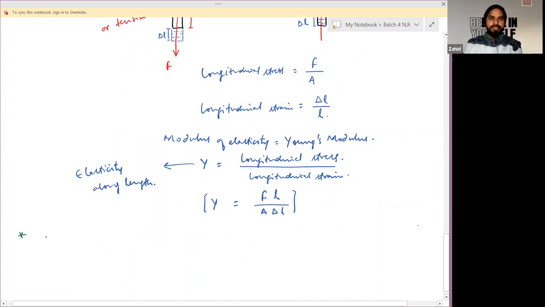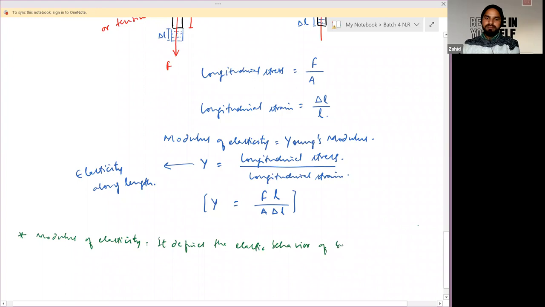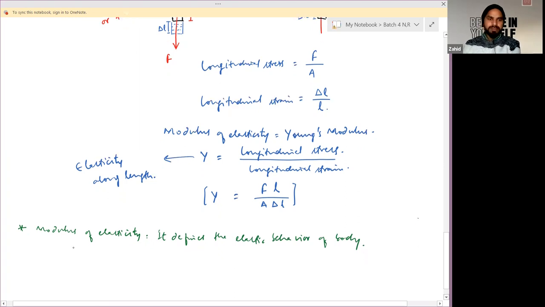Now from this we can write first about modulus of elasticity. It defines the elastic behavior of body. Greater the value of modulus of elasticity, it will define more elastic behavior of that particular object.